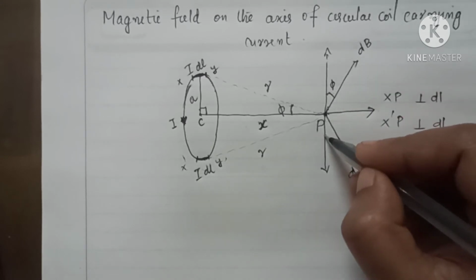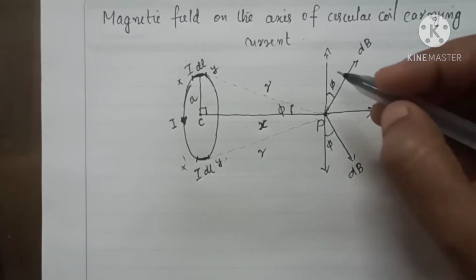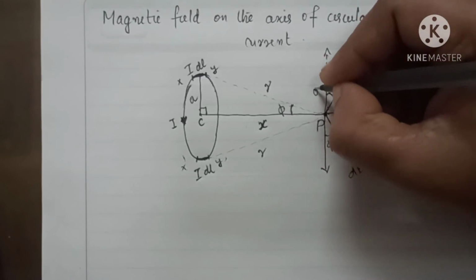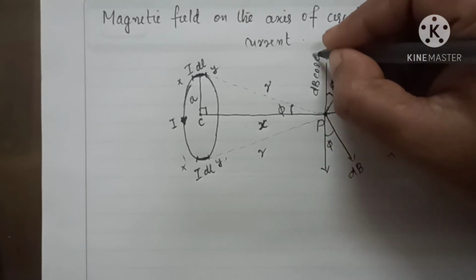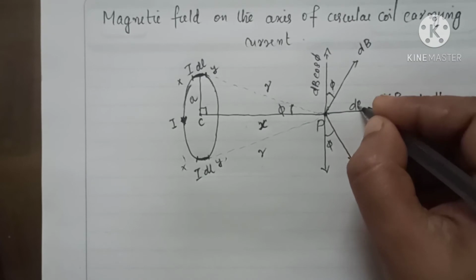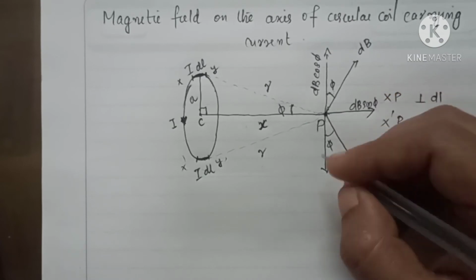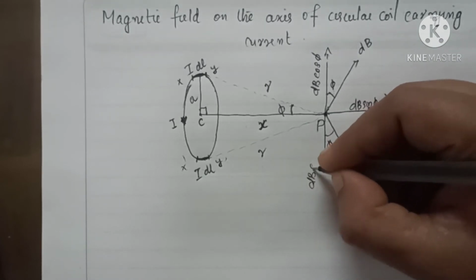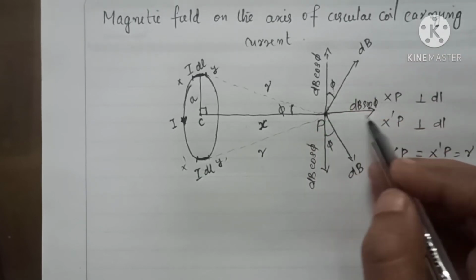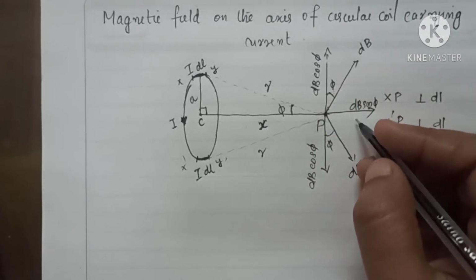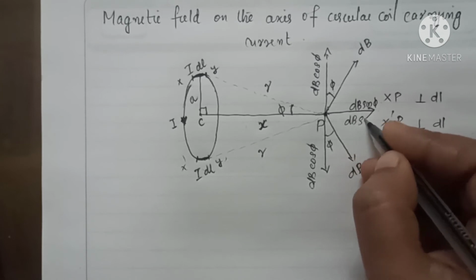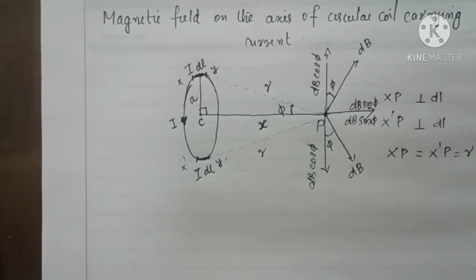Similarly here also this is phi. If this is phi, this component will be dB cos phi and this is dB sin phi. Similarly here also dB cos phi and dB sin phi. Okay, this much clear.